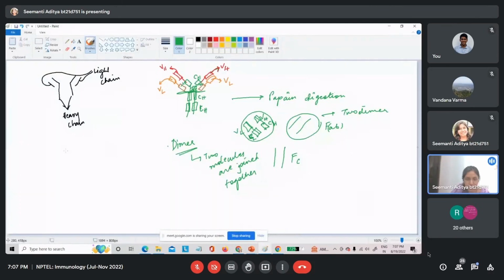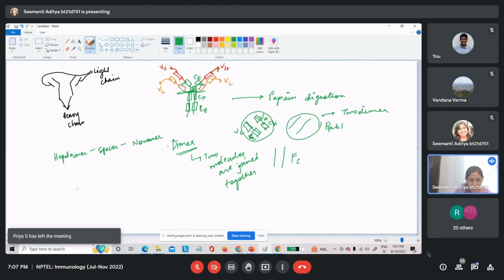So what does the recombination signal sequence do? It is basically a heptamer separated by a spacer sequence, and then comes a nonamer. Now, this is in the variable region of the kappa chain or lambda chain, the light chain of your immunoglobulin molecule.